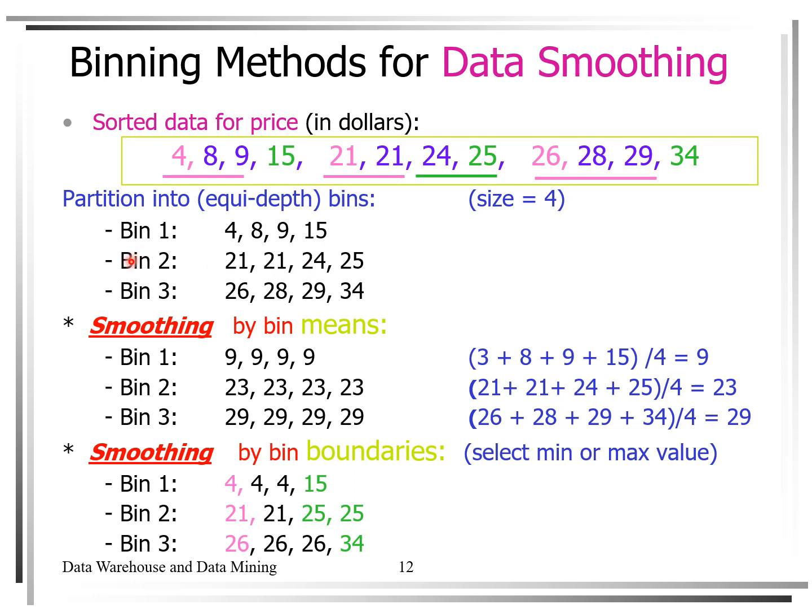Bin 2 will include 4 values: 21, 21, 24, and 25. Bin 3 will include 4 values: 26, 28, 29, and 34. So now we have 3 bins, and we specified the size, the depth, to be 4. So each bin will have 4 elements.